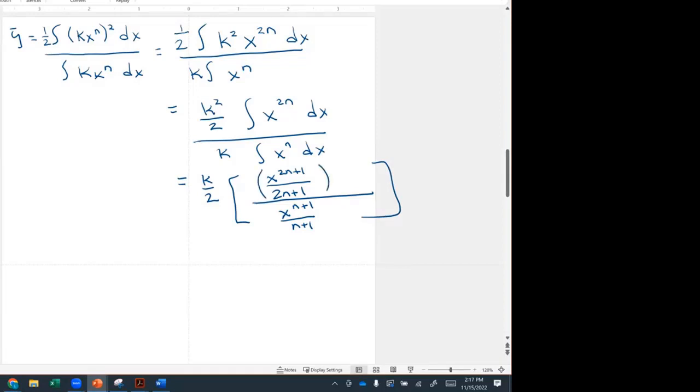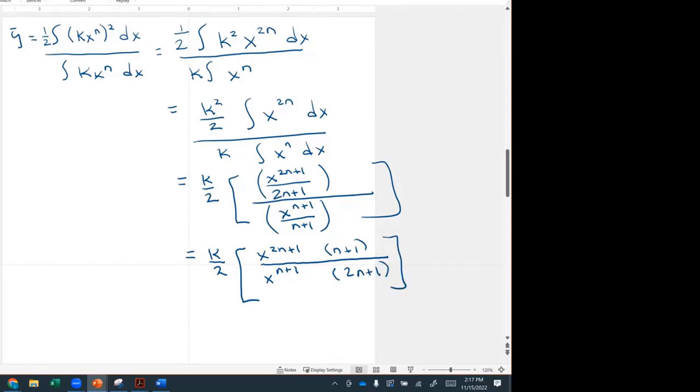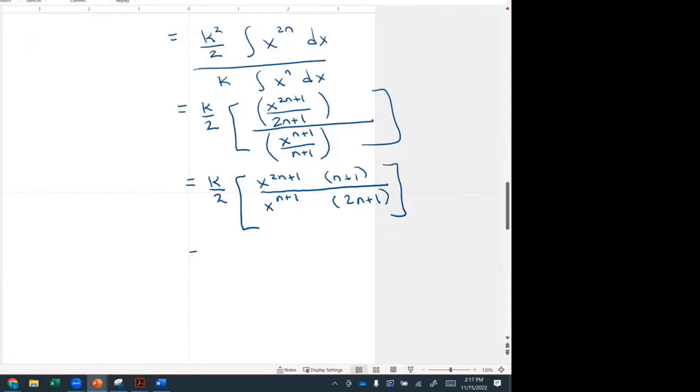There's my numerator, there's my denominator, and that gives me k over 2 times x to the 2n plus 1 over 2n plus 1, divided by x to the n plus 1 over n plus 1. And we're going to simplify as much as we can. This is equal to k over 2. Now we have to simplify the x's.